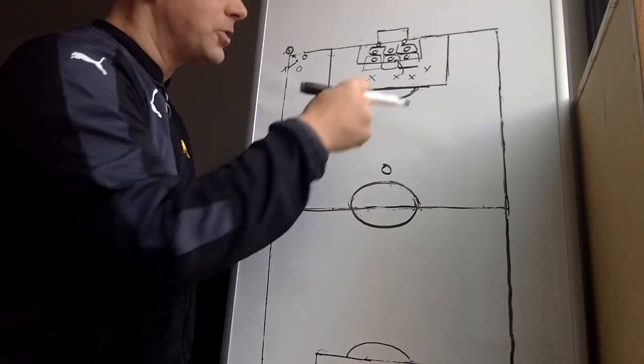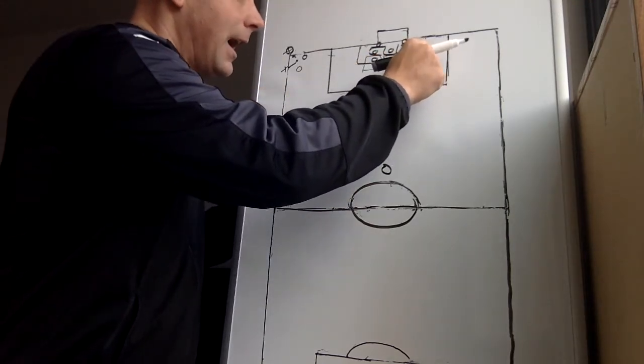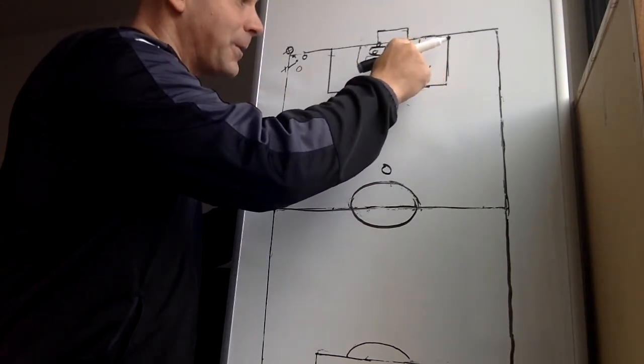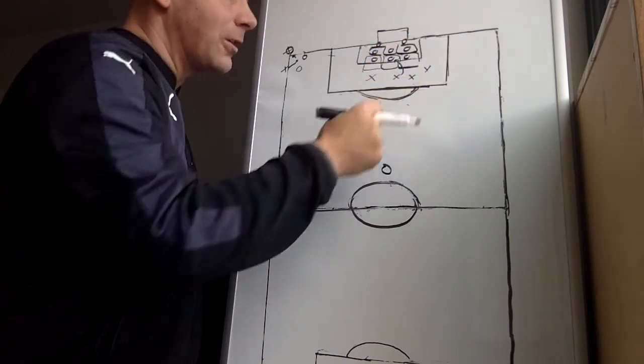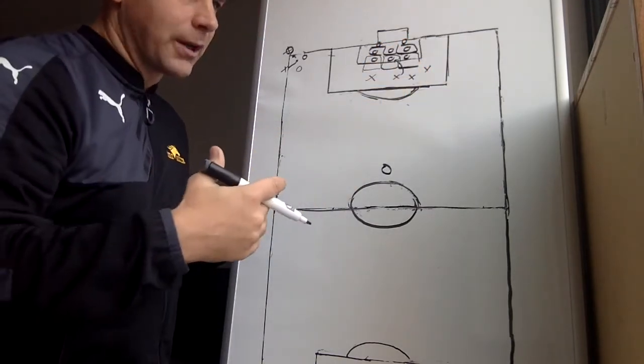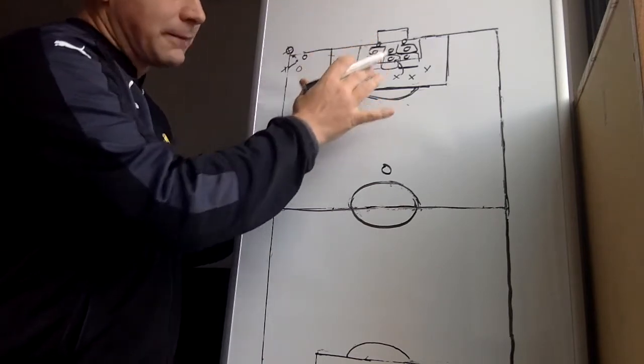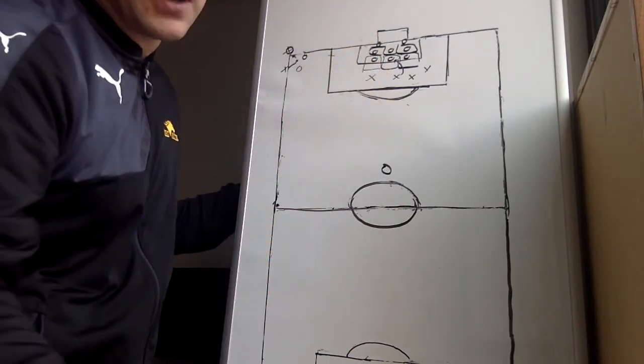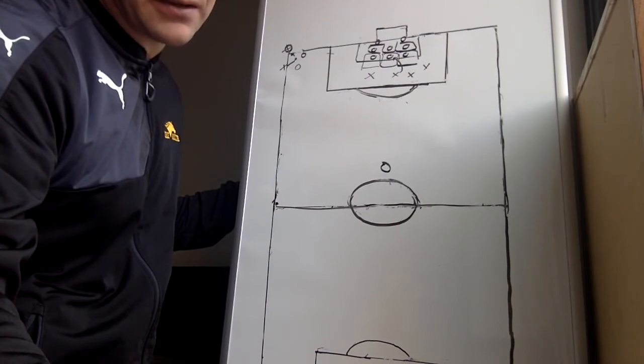It's easier to run and jump when you have a 10-yard run-up compared to someone who is just trying to guard their zone and has no running. So this is kind of a zone, and the next one I'm going to show you is a combination of zone and man-to-man.